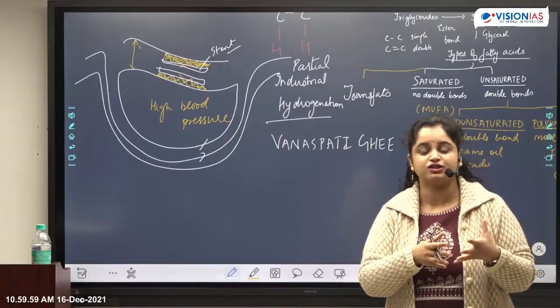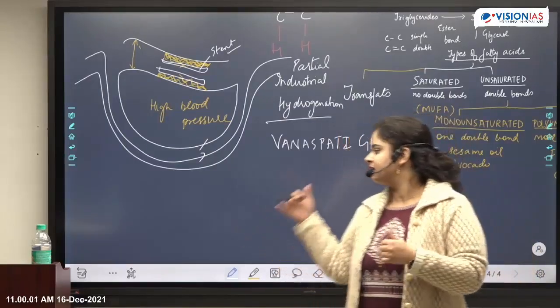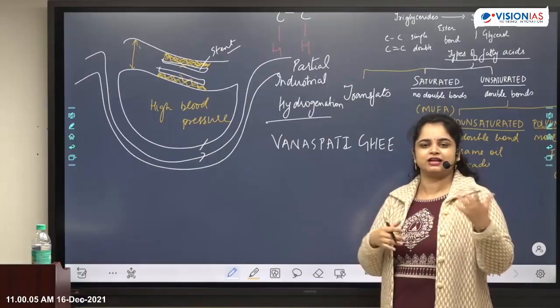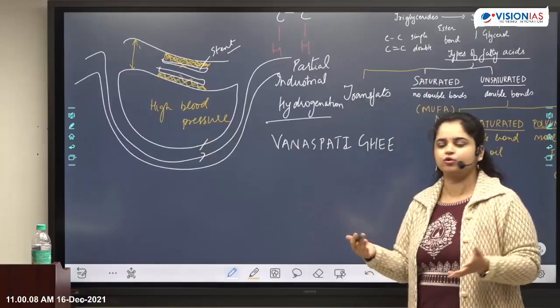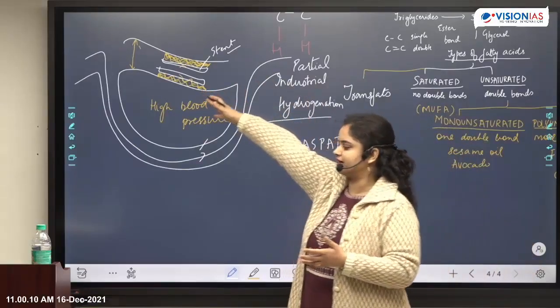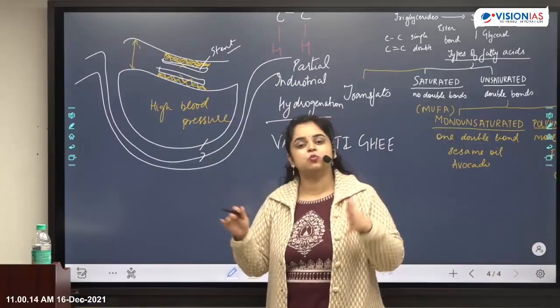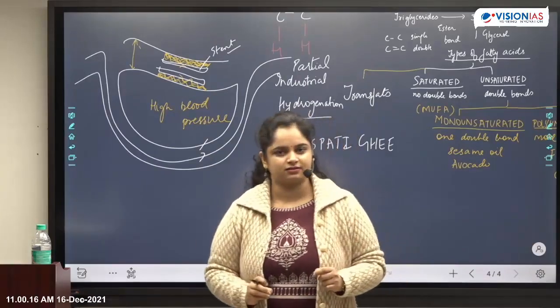Those are the good functions for which we need fats. But the trans fats as such do not involve themselves in any of those good activities. What they do is they have the highest tendency of going and getting deposited. That's what makes them the bad fats.